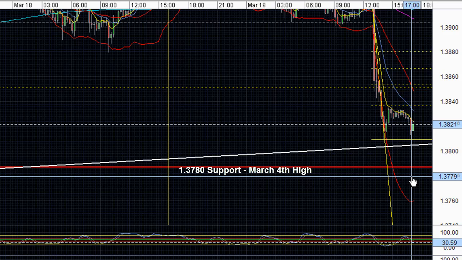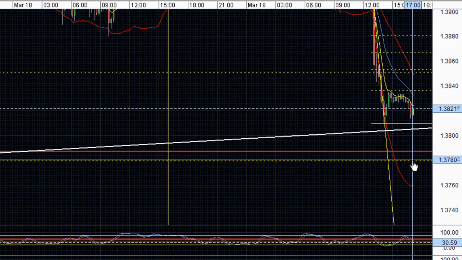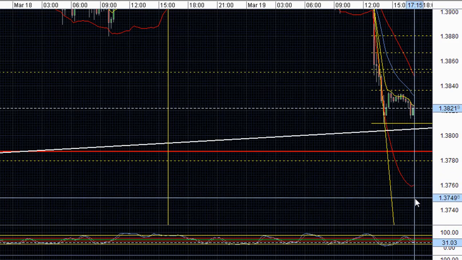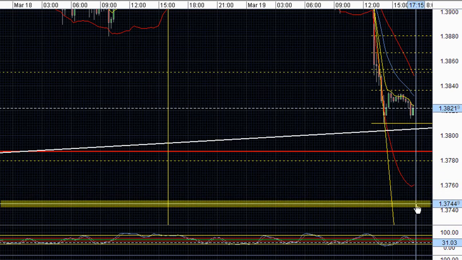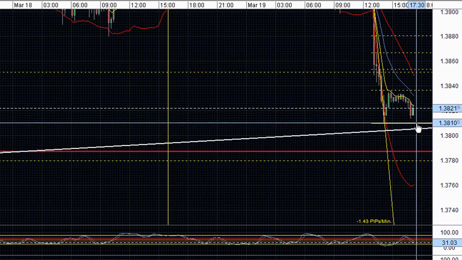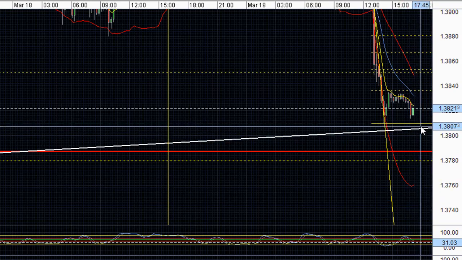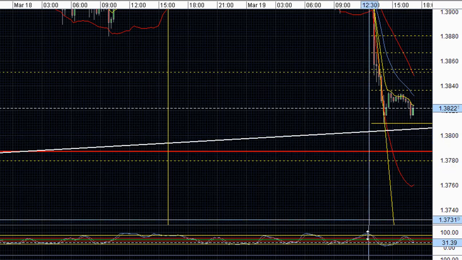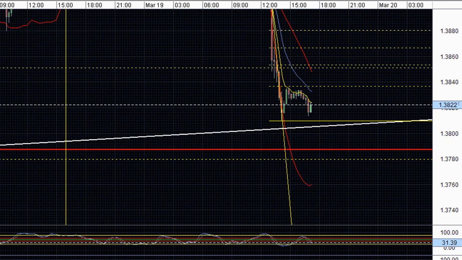And if it does break below that, then we may see price drift lower and fall to around the 3744 level. So those are our next approaching supports heading into the Asian trading session, if price does break below these lows here. But of course, we're waiting to see what will happen.